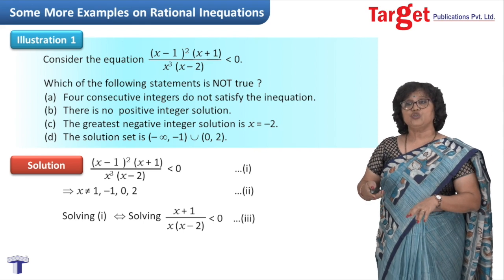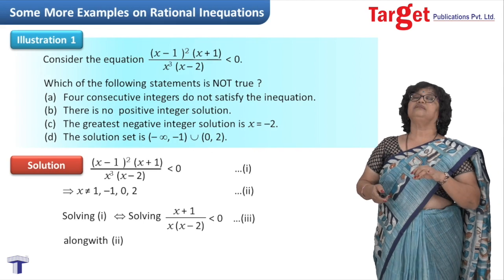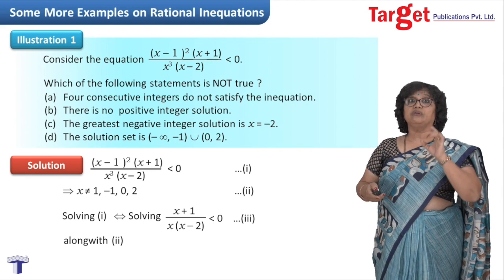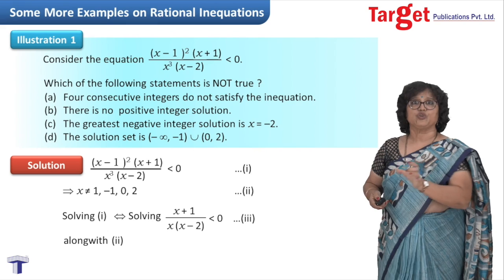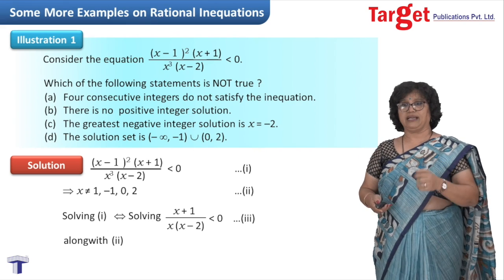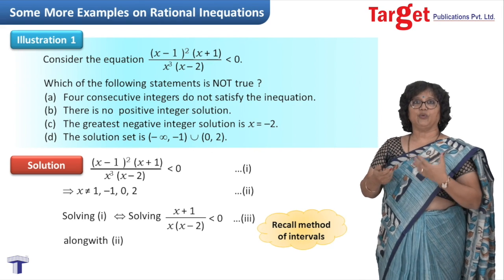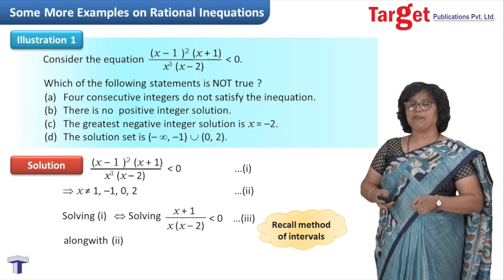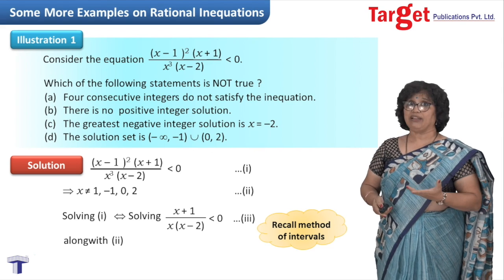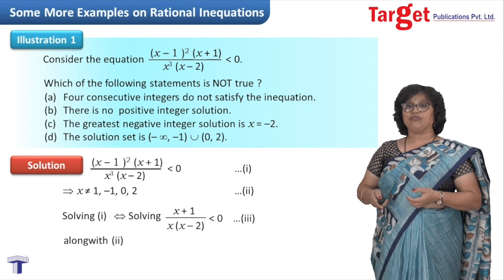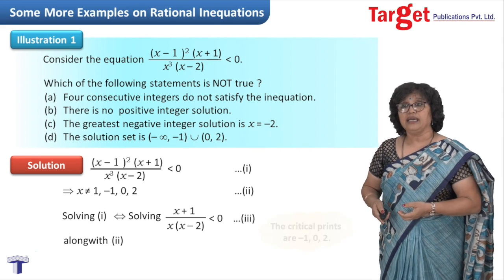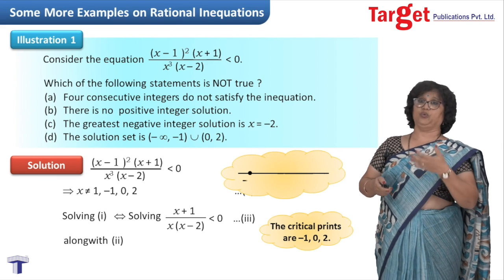So I would say solving 1 is the same as solving 2, along with the values given, x not equal to so and so. You have to remember that. Recall the interval method. How did we do it? We plotted minus 1, 0, 2, and then I will have to see where the solution lies. Critical points are minus 1, 0, 2.